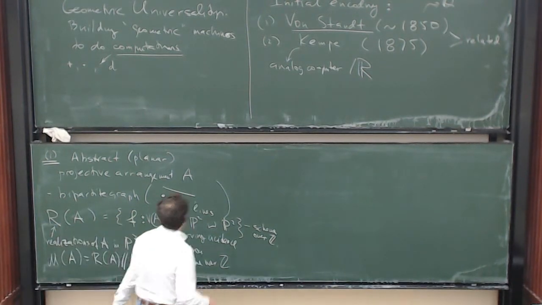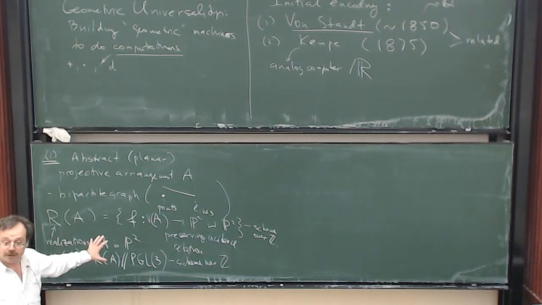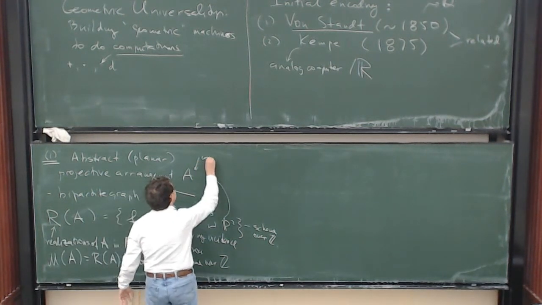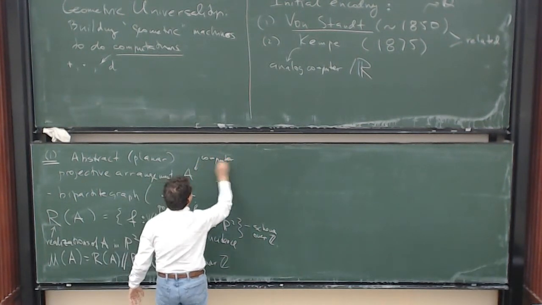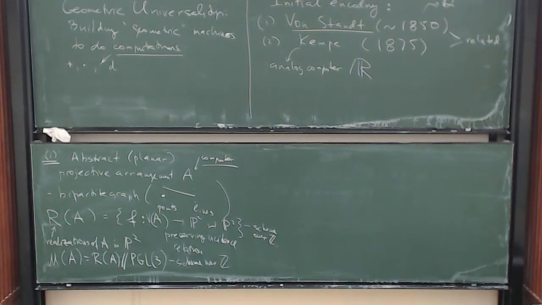And so what von Staudt realized is that this is absolutely powerful. This is our computer. This arrangement is as powerful as a digital computer in a way, because at the end of the day, everything is over integers, over rational numbers.